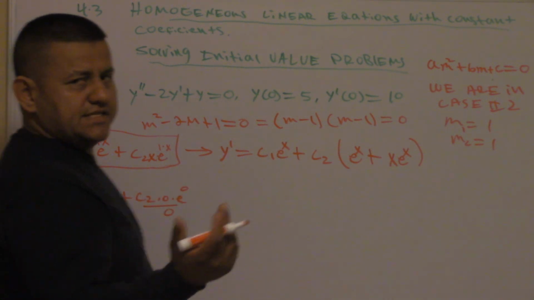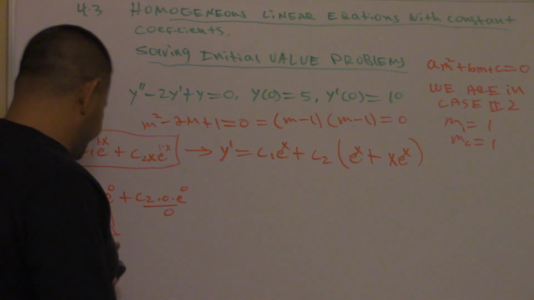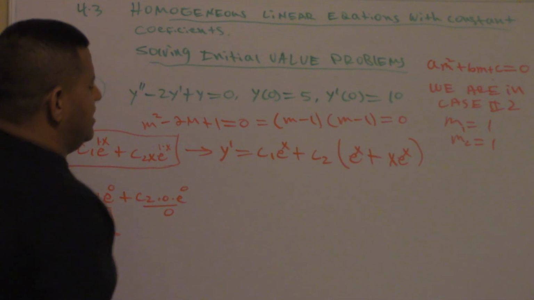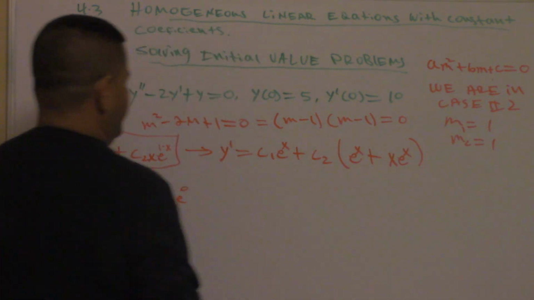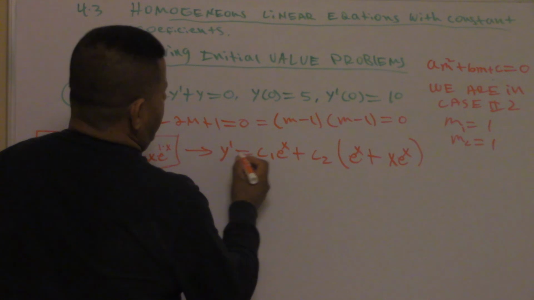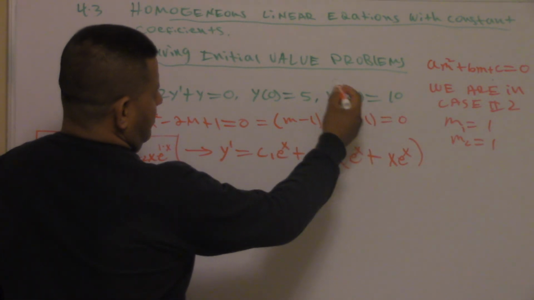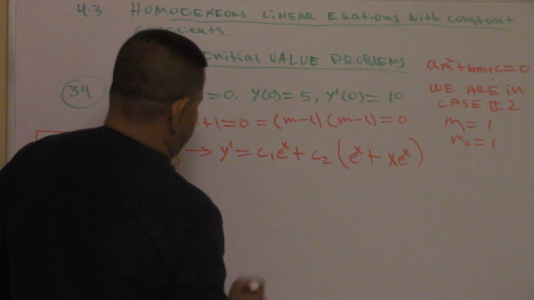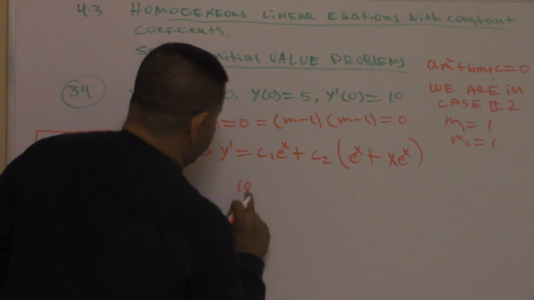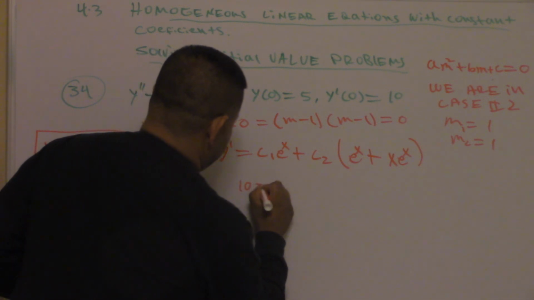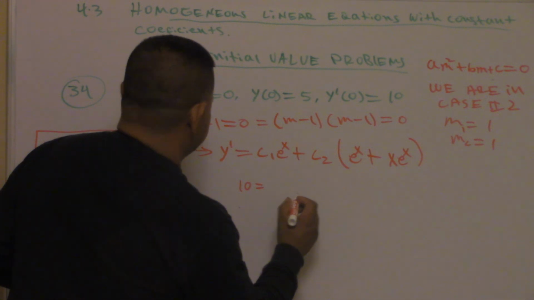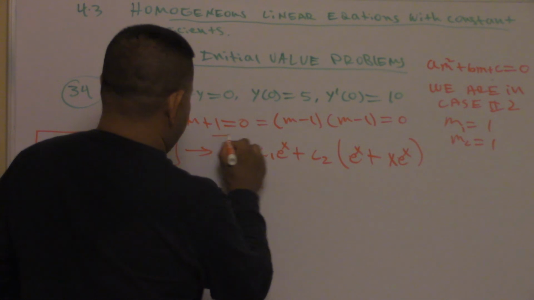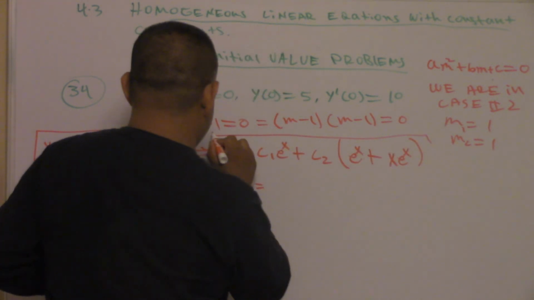Now, let's see if I can find C2. Notice that I already have C1 equal to 5. So I know that y prime evaluated at 0 is equal to 10. So I plug in 10 for y prime, equal to this right here, which is the derivative that I'm using right now.